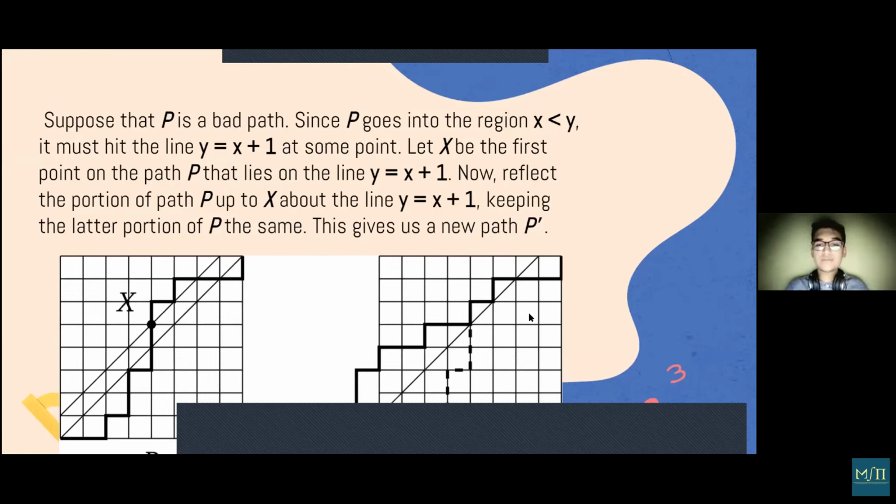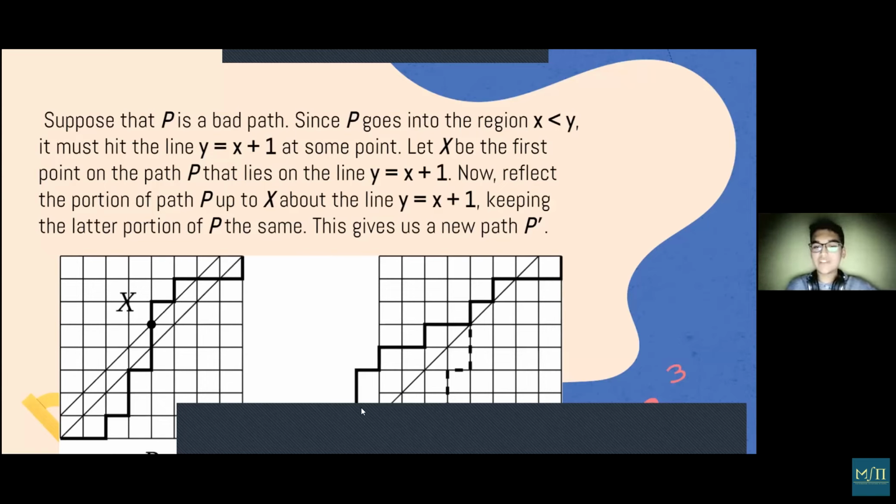When that happens, what we do is we reflect the portion of P that comes after hitting that particular line about the axis y equals x plus 1.